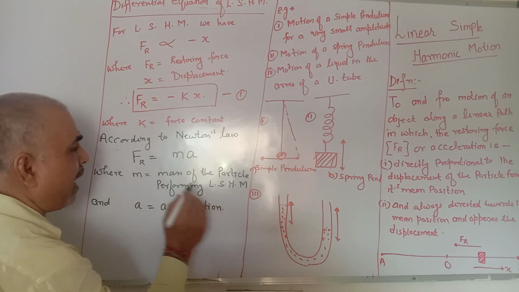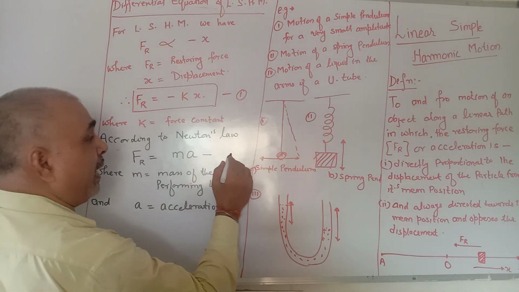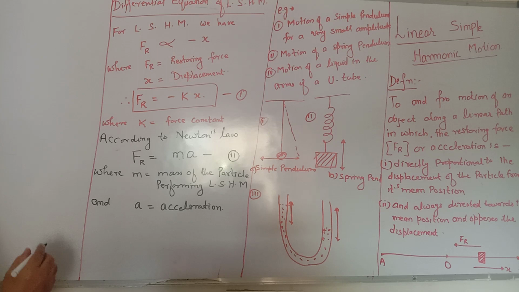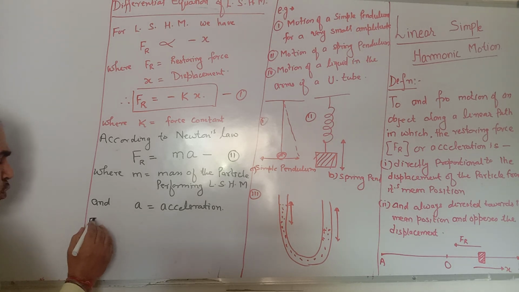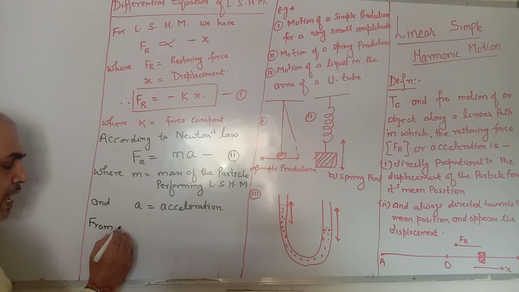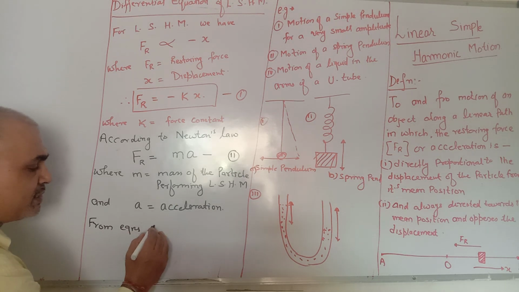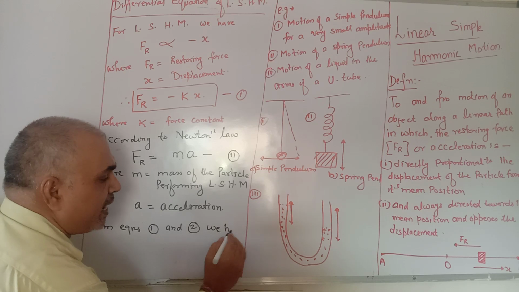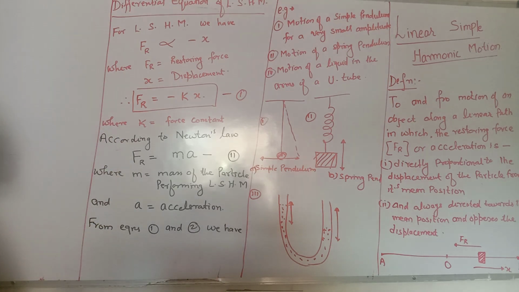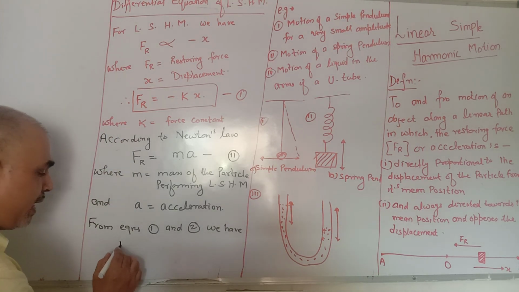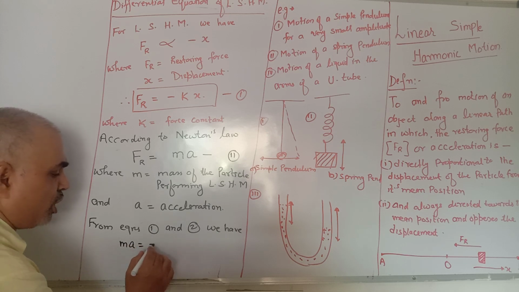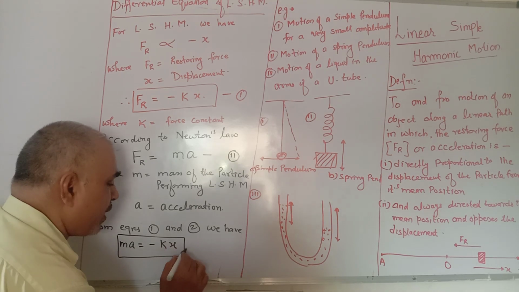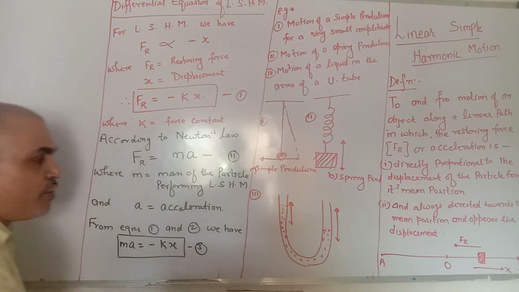So force equals ma, this is equation 2. Now from equations 1 and 2 we have m into a equals minus k into x. This we can take as equation number 3.